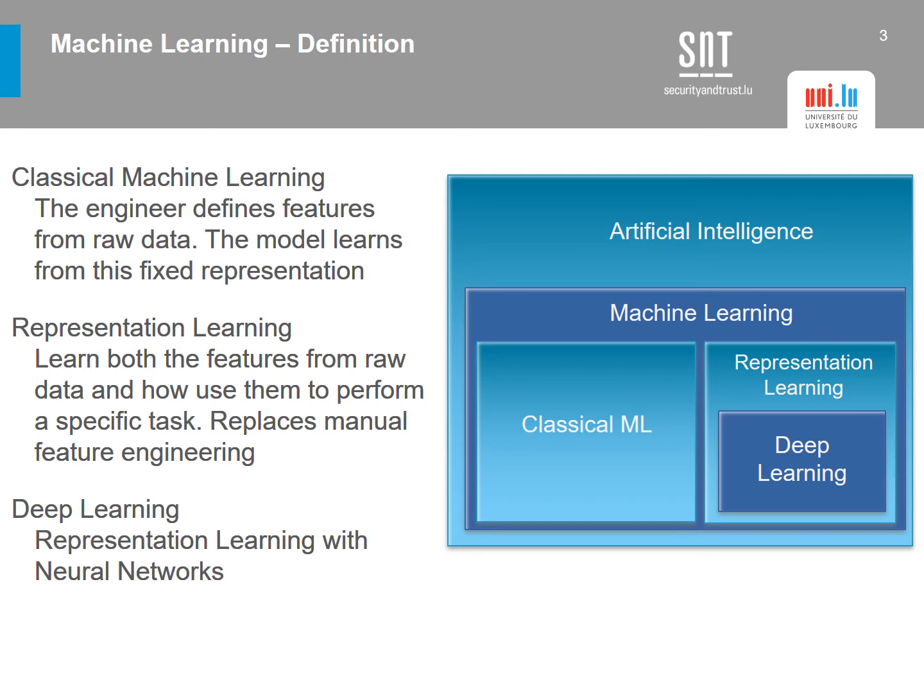We can see that in representation learning, the model has much more work to do in comparison to classical machine learning. We can also see that the human effort to generate features that can represent the raw data, which has to be manually performed in case of classical machine learning, is not there in representation learning.